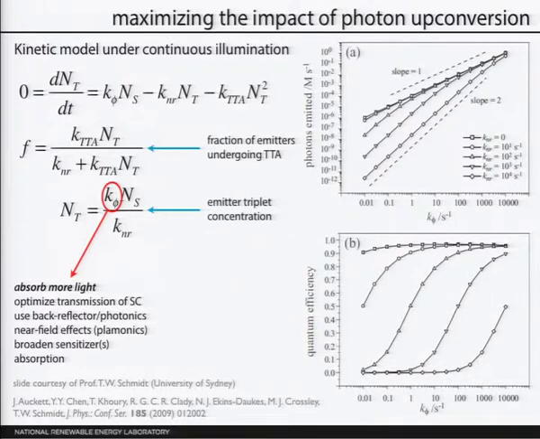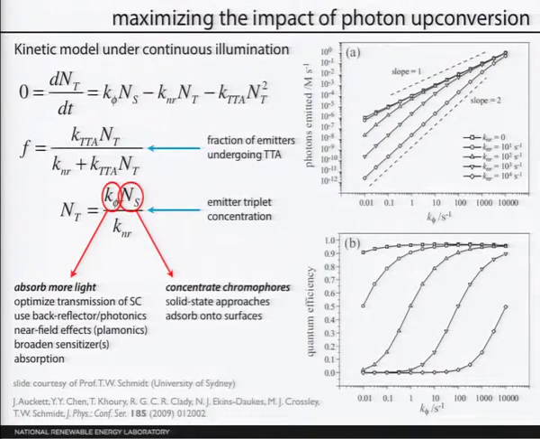Now, to make further enhancements to the existing systems, you can think about trying to increase this generation rate by absorbing more light. That may mean you need to optimize the transmission of the solar cell, use photonic or plasmonic effects to try and locally increase the concentration of light, and maybe broaden the sensitizer absorption or use multiple sensitizers to try and absorb more of the light that's transmitted through the solar cell.